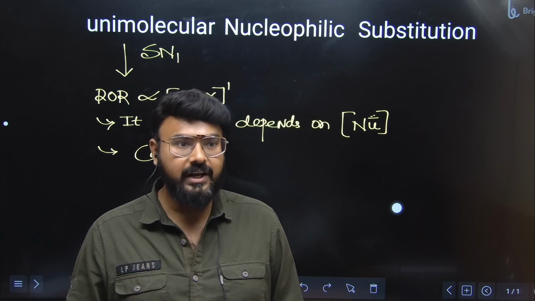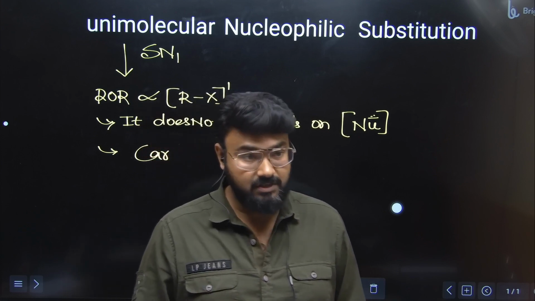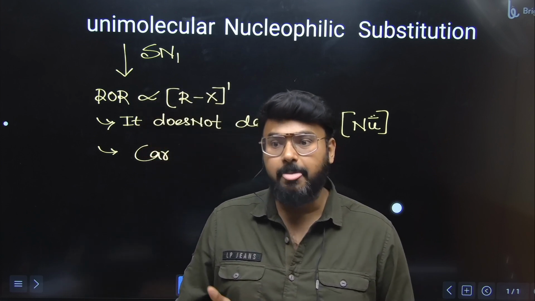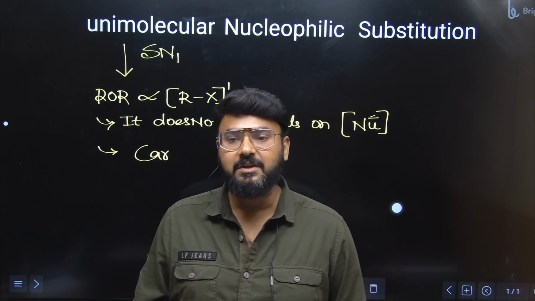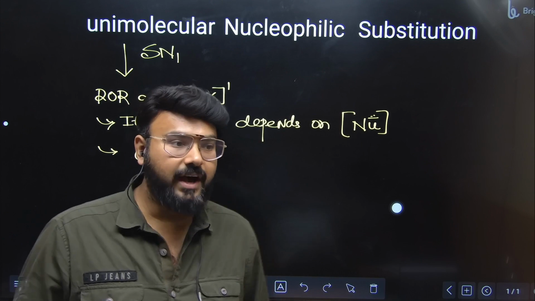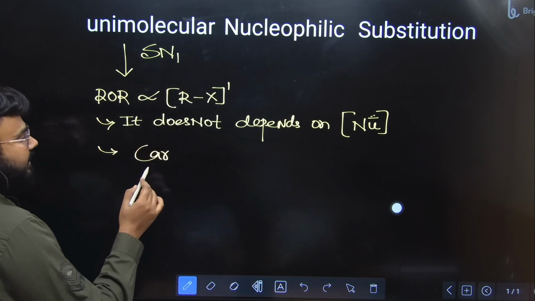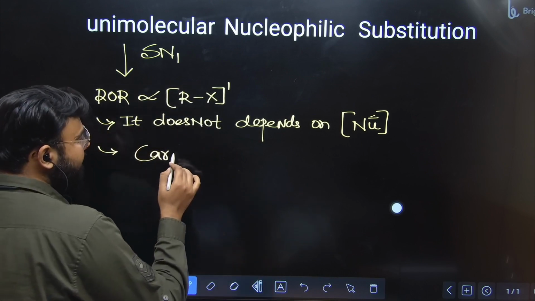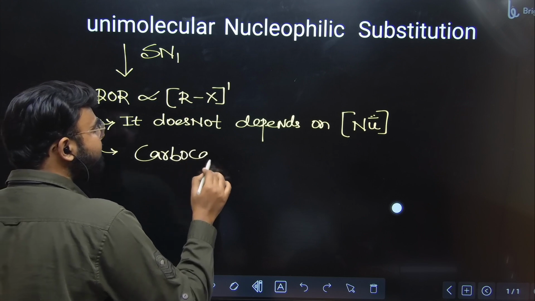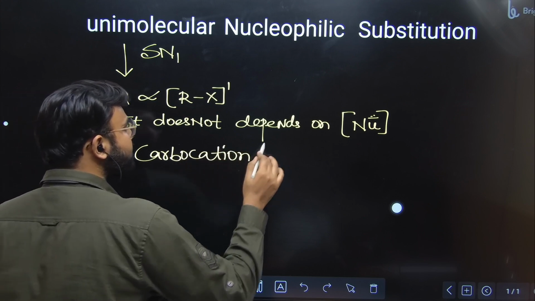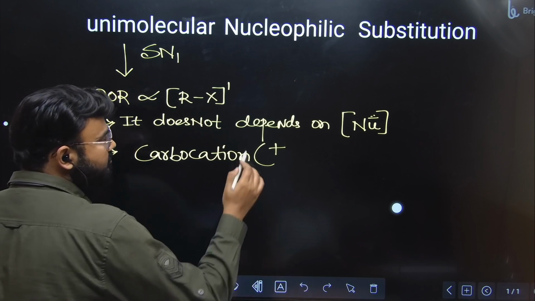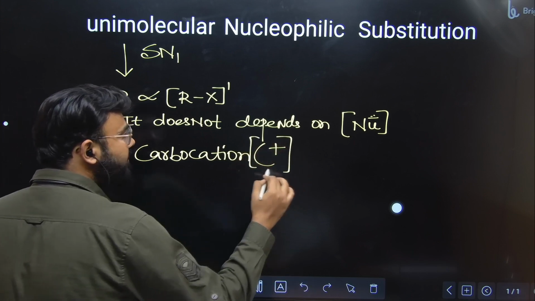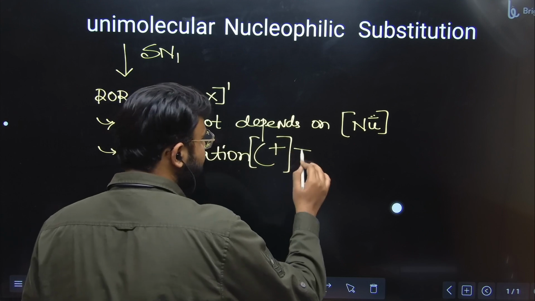Intermediates are very short-lived species, but they are the ones who decide what the product will be. The intermediate is a carbocation, which we represent as C plus.